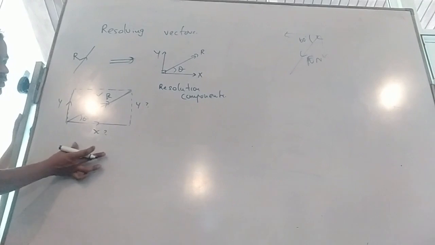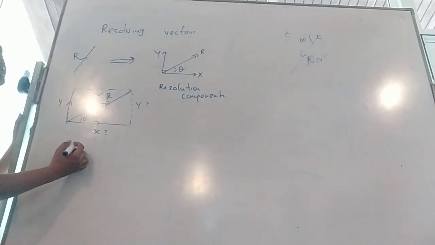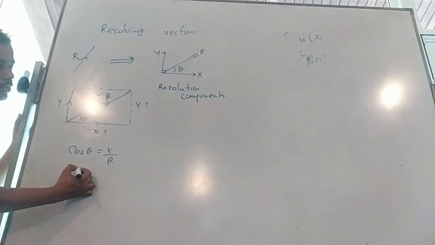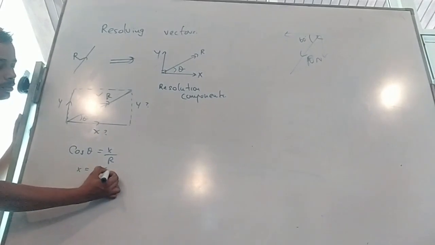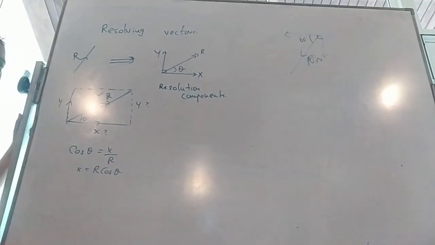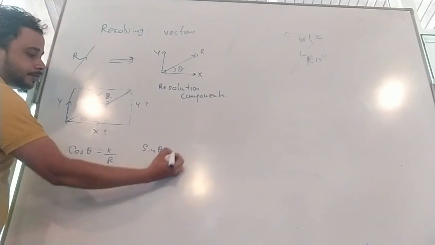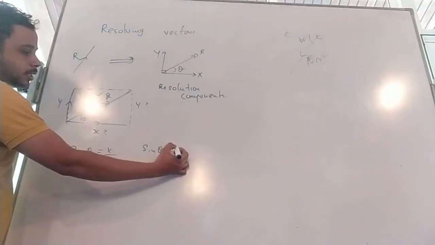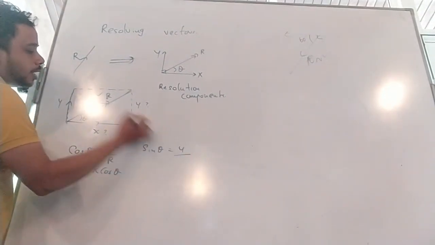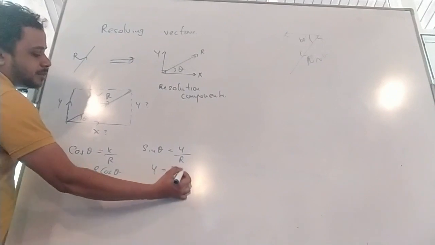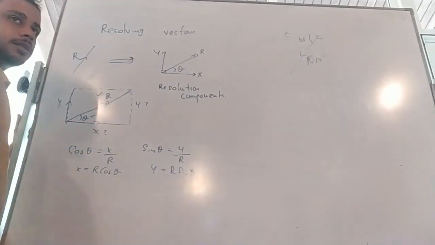What is the connection between those two? Yeah, that is cos. So cos theta is equal to x over r, so x is equal to r cos theta. In the same way, sin theta: opposite is y, hypotenuse is r. So y is equal to r sin theta. You understood?